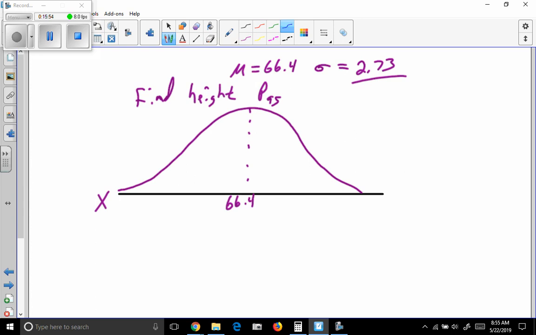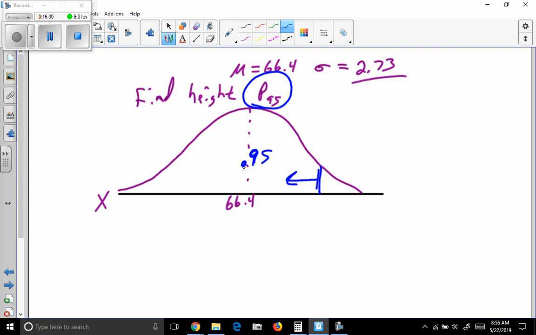Remember, we worked some problems earlier where we found the z-value that corresponded to a percentile. If we're looking for the 95th percentile, we're looking for the point at which 95% of the data is lower than that. At the mean, 50% of the data is lower, so we're going to have to be over here somewhere if we're going to have 95% or 0.95 area to the left.